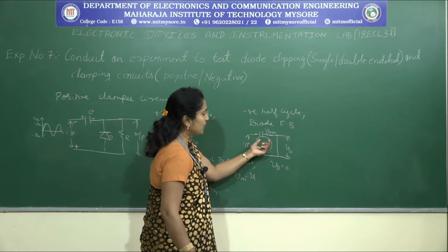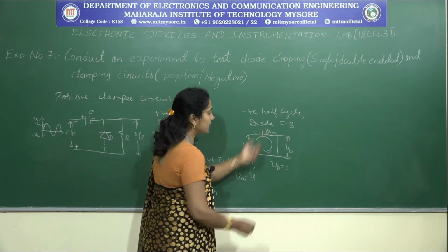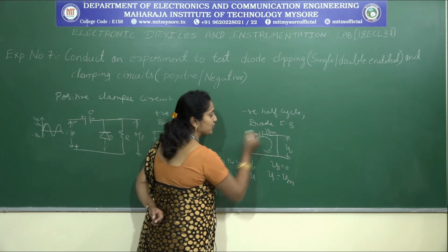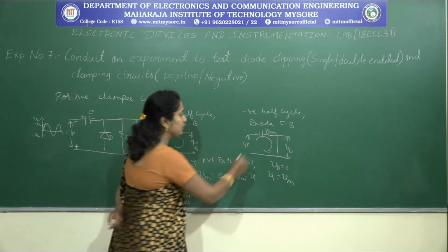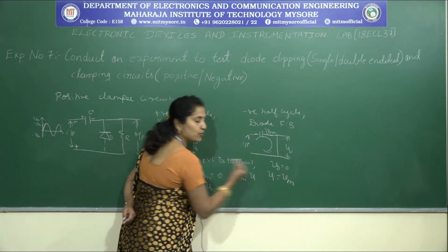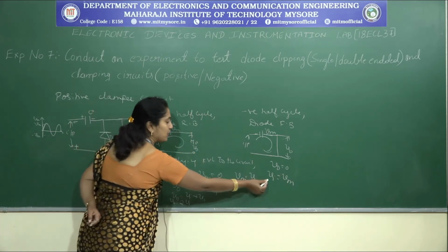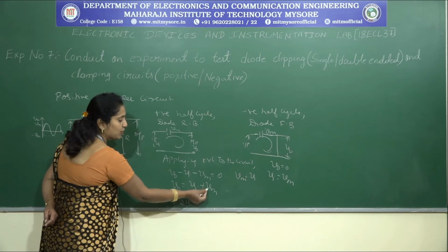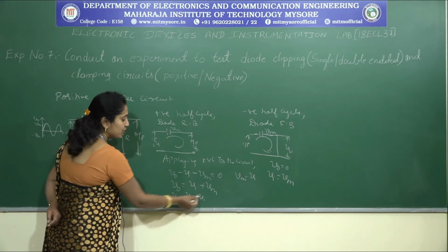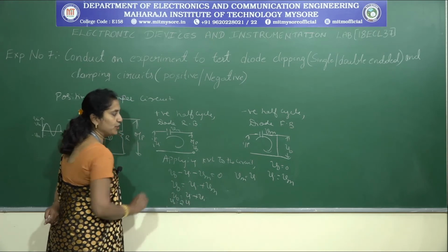So applying KVL, Vi is equal to Vm, it is going to charge up to Vm. So Vi is equal to Vm you have got. So that same Vm I have applied here, so Vm is going to charge up to Vi. Therefore you will be having 2 into Vi.